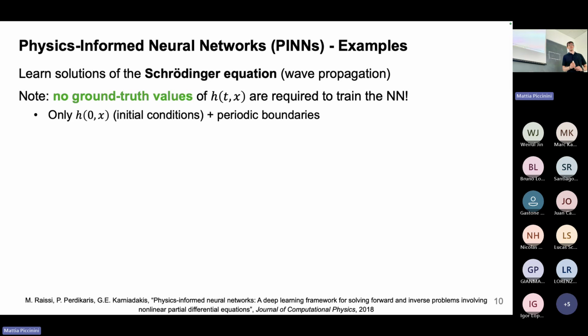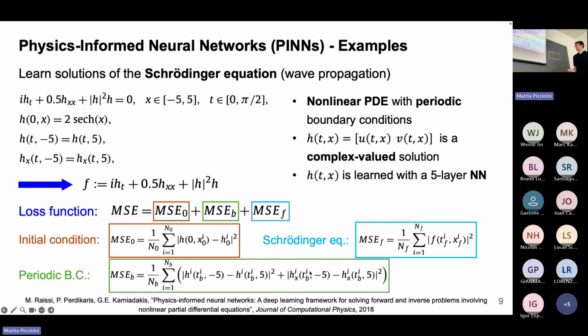For this term, we don't need ground truth. We just need the equation itself, F. The form of the equation is known in this case, but we don't need ground truth data inside the domain.